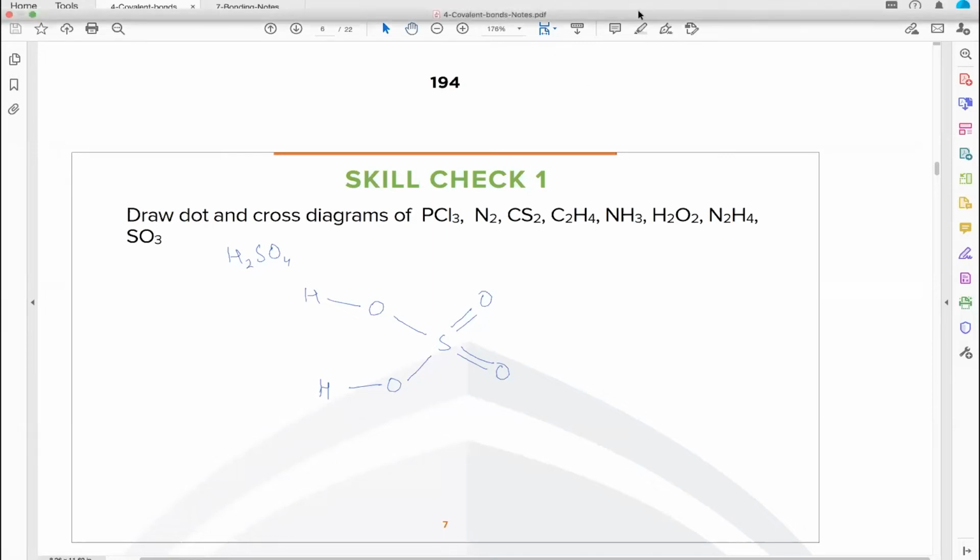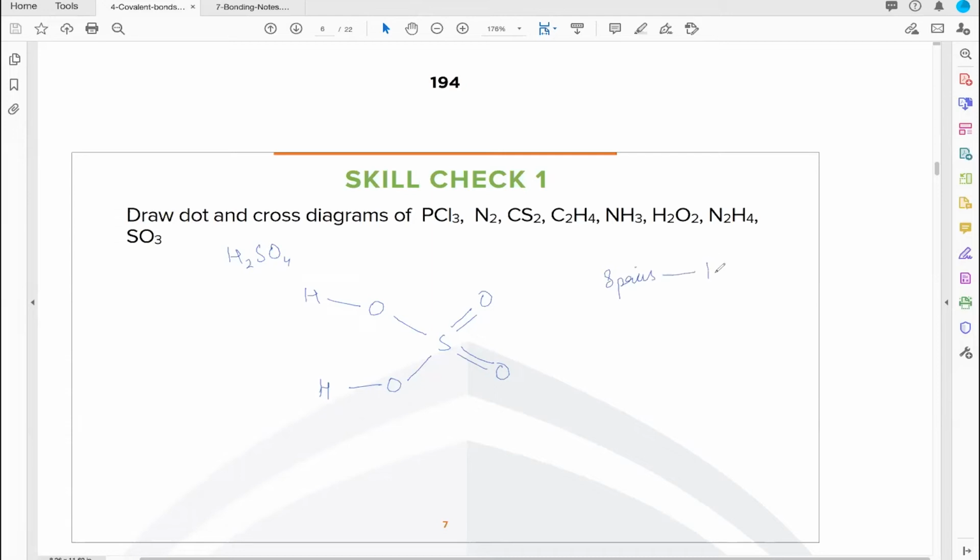You simply look at these lines, these pairs, and each line shows a pair. So you can see that there is one pair between hydrogen and oxygen, one between sulfur and oxygen, and two with the other sulfur and oxygen. So in total, there are 8 pairs. So that is 16 electrons shared.